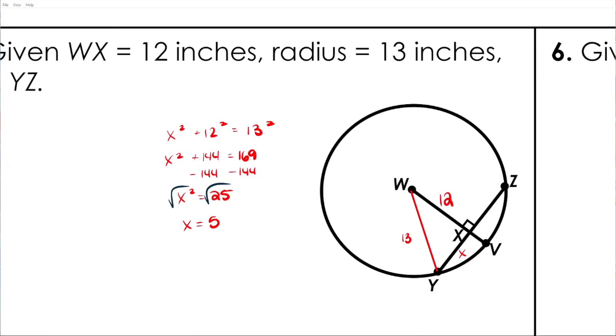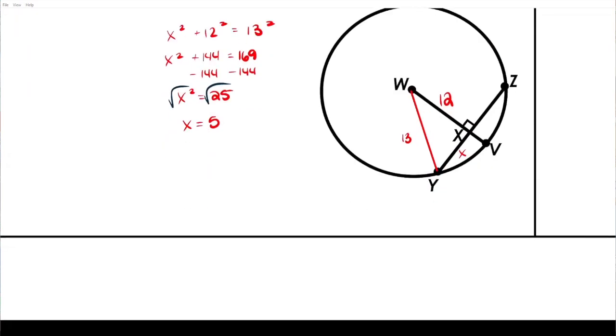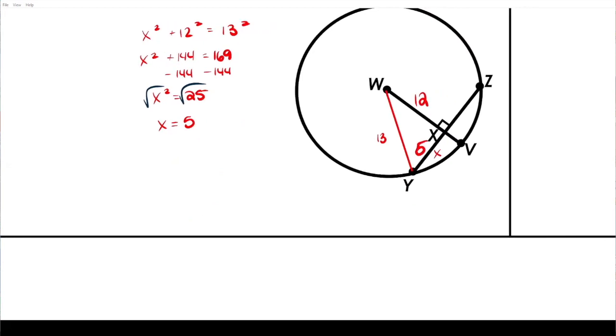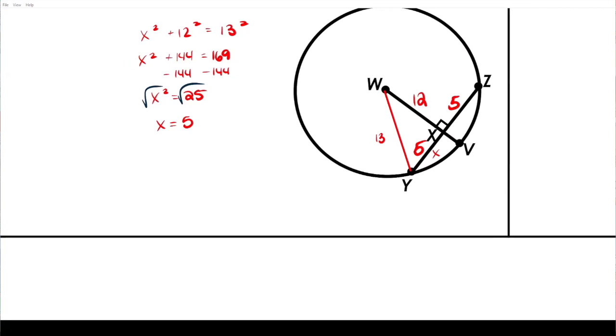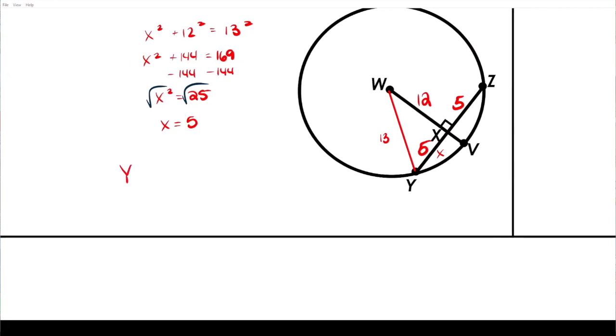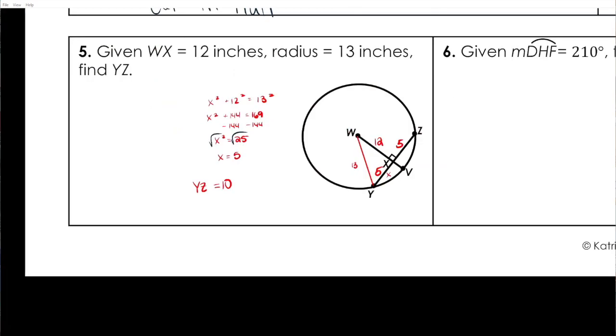So YZ, remember, since it's cut in half, if that side is 5, then XZ has to be 5, which means the whole length of YZ is 10. So even in our circles, we have our right triangle friends. Right triangles are our friends.